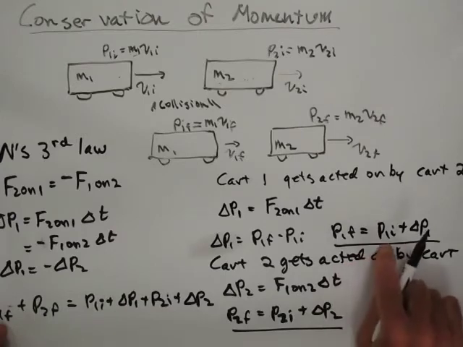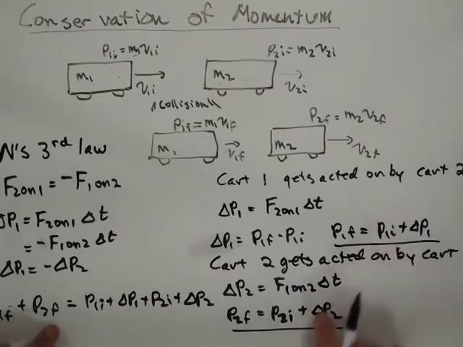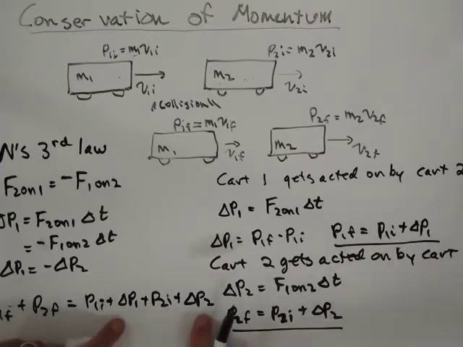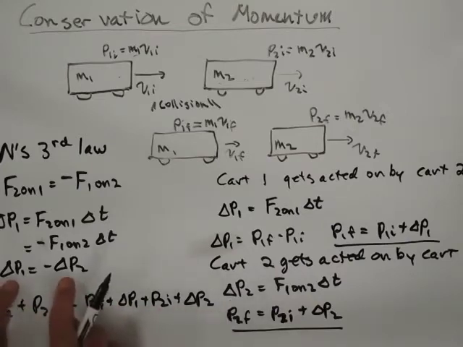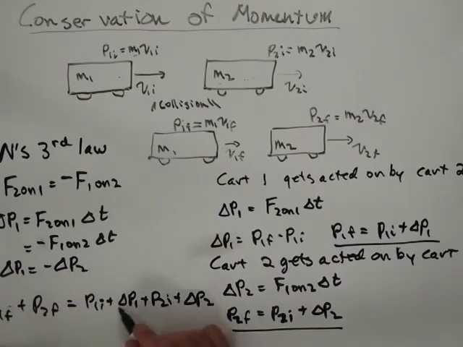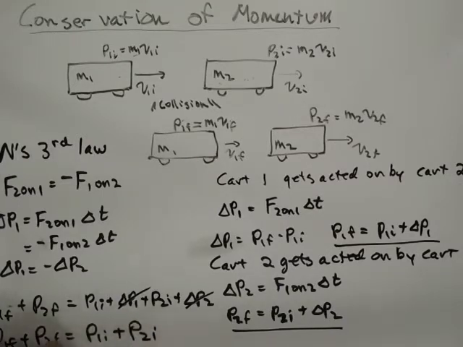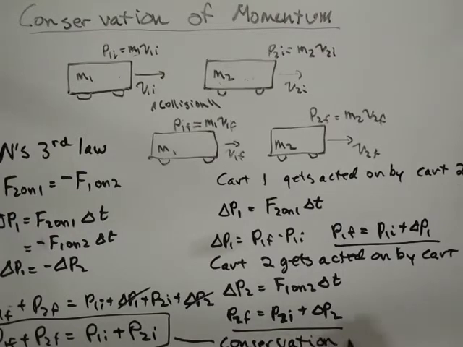If I take this definition for P1 final and this definition for P2 final, put the delta P's in there, but notice delta P1 is equal to minus delta P2, so these add up to 0, and so I get P1 final plus P2 final is equal to P1 initial plus P2 initial. This says the total initial momentum equals the total final momentum, conservation of momentum.